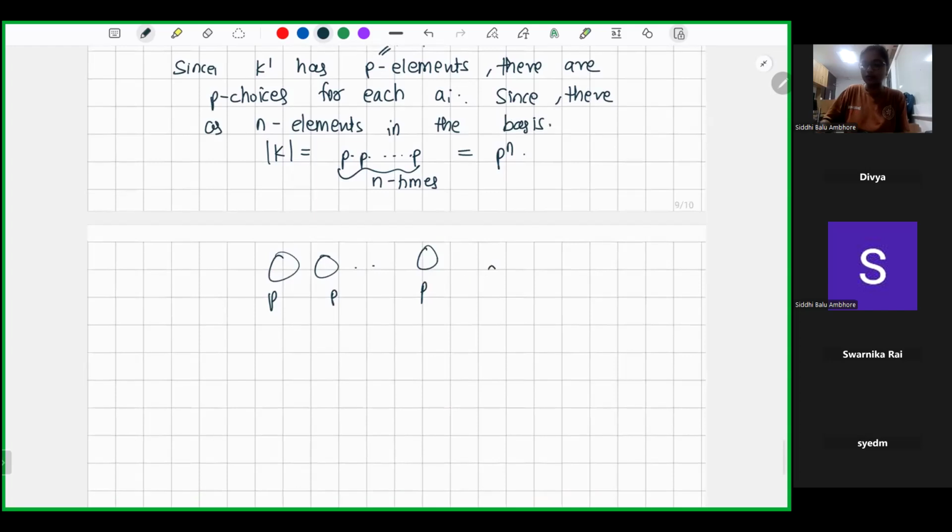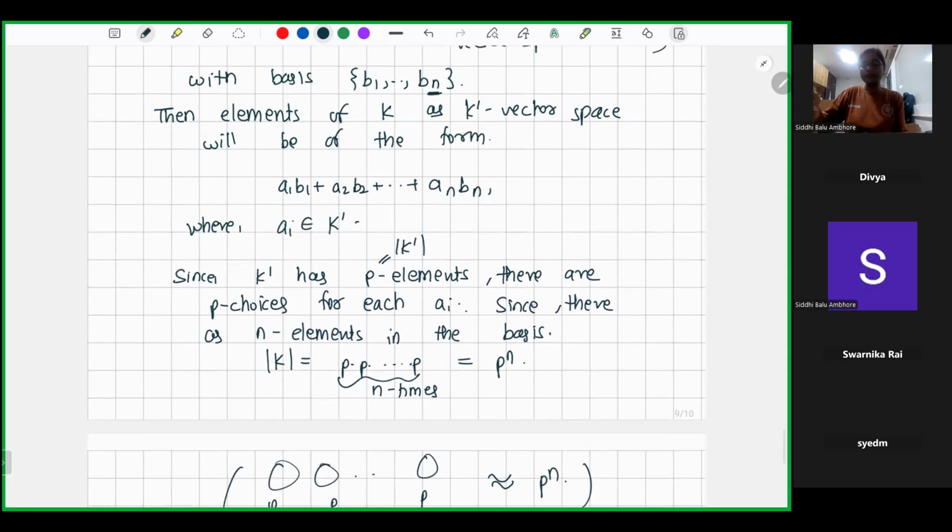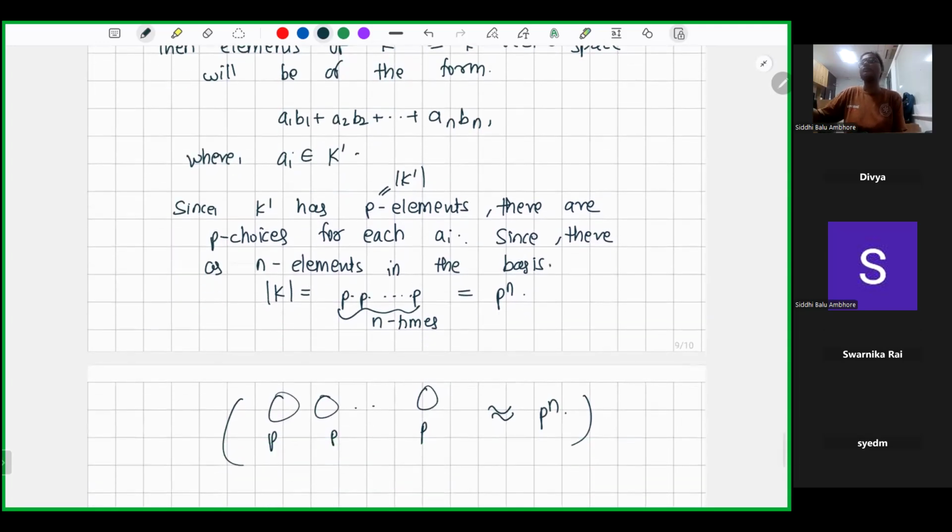So there are total P power N choices. But that's precisely what will give me the entire set K dash. These are precisely the elements of K dash. Sorry, these are precisely the elements of K.